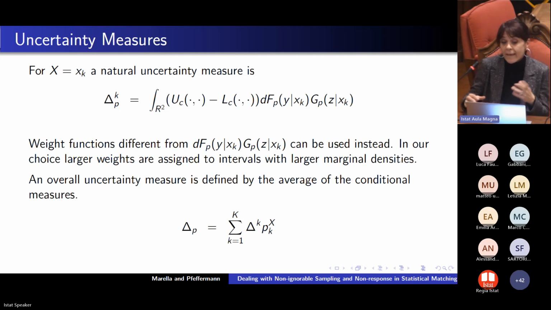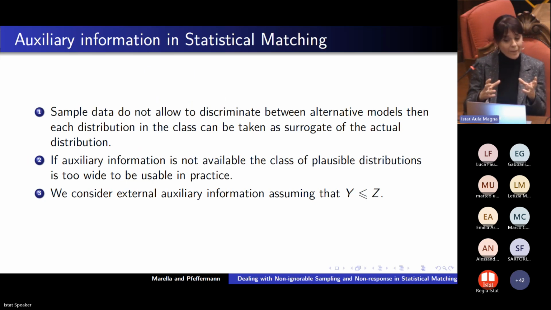And from the conditional uncertainty measure, clearly we can define an overall uncertainty measure by the average of the conditional measures. Now, each distribution in the class of plausible models can be taken as a matching distribution, that is, it can be taken as a surrogate of the actual distribution, since the sample data do not allow to discriminate between alternative models. But the problem is that if auxiliary information is not available, the class of plausible distributions is too wide to be usable in practice.